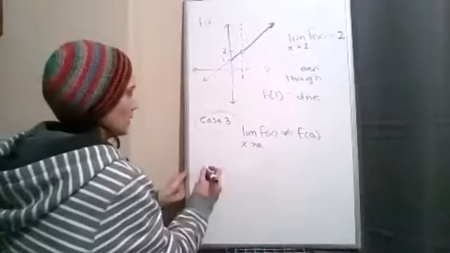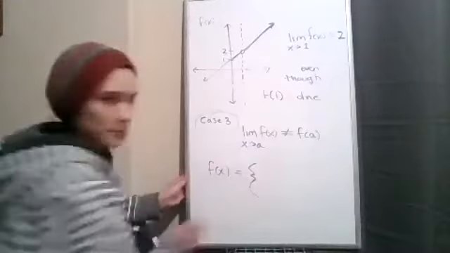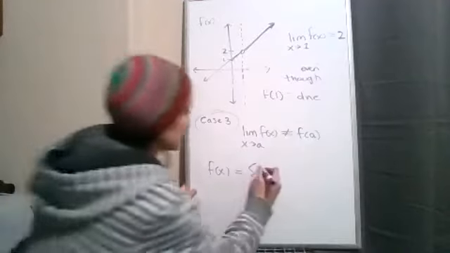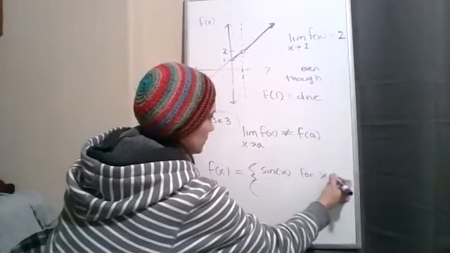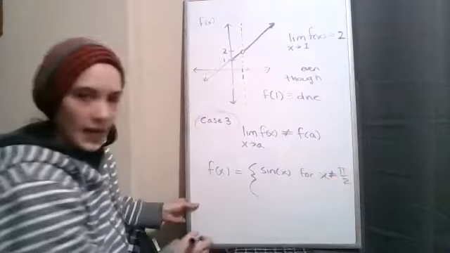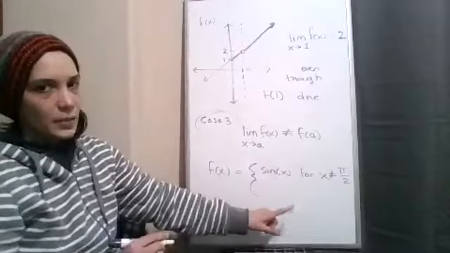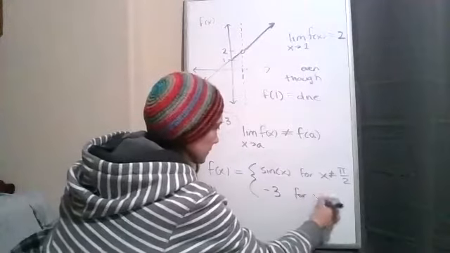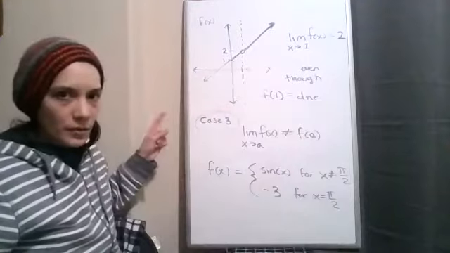It looks like f of x will be sine of x for x not equal to pi over 2. And we'll have f of x equal to -3 for x equal to pi over 2. We'll sketch a graph.